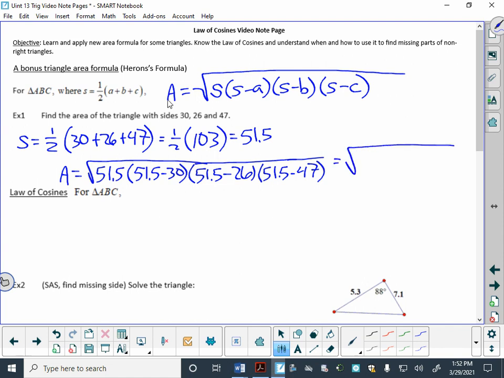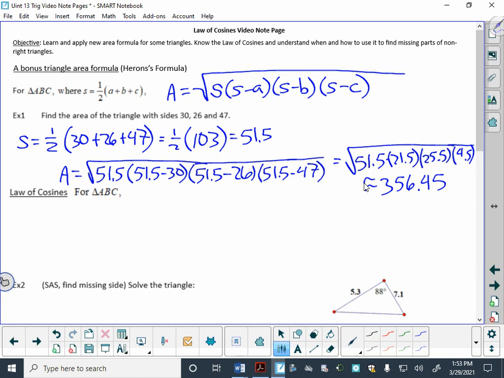Simplifying some of these, that's going to be 51.5 times 21.5 times 25.5 times 4.5. And we'll just enter that into our calculator exactly that way. And I get approximately 356.45 square units, whatever the units happen to be.